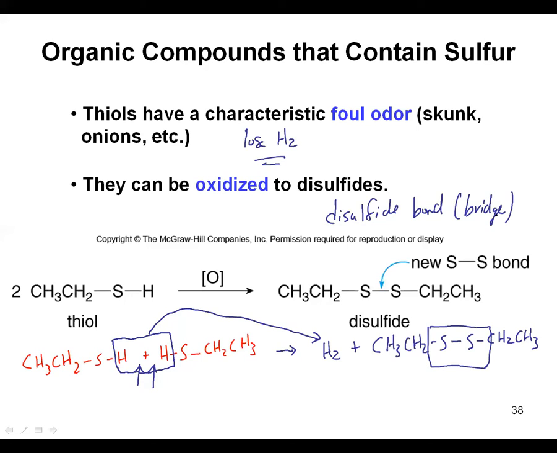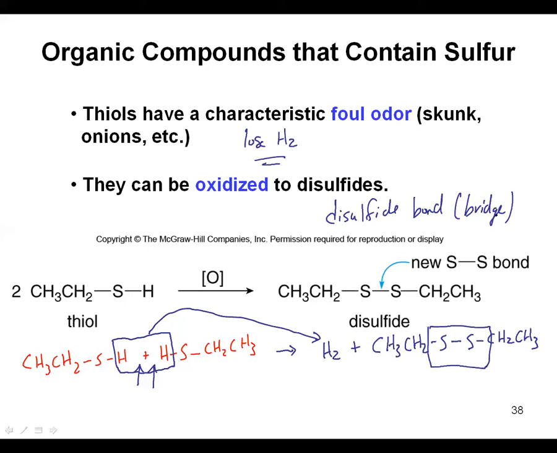We will see this again when we talk about amino acids. There's an amino acid that contains this SH group in it. In proteins and amino acids, a lot of disulfide bonds or bridges form between different amino acids, and obviously that causes some different effects to occur.